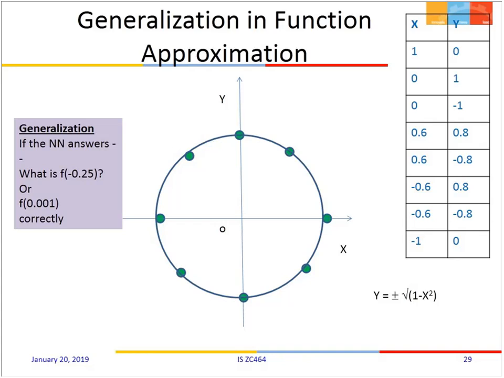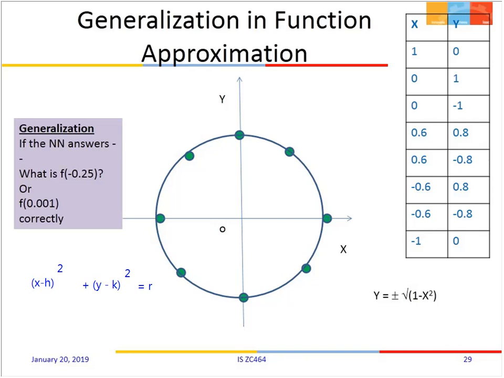Okay, so if you're writing it like this, (x minus h) square plus (y minus k) square equals r square.